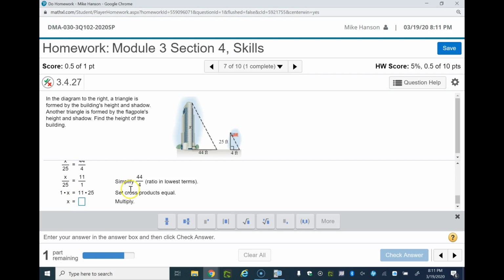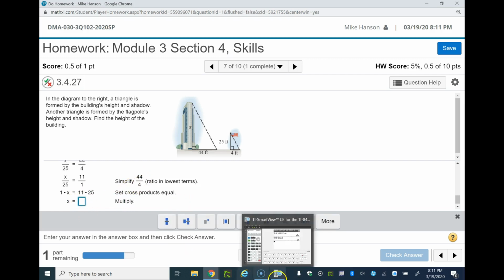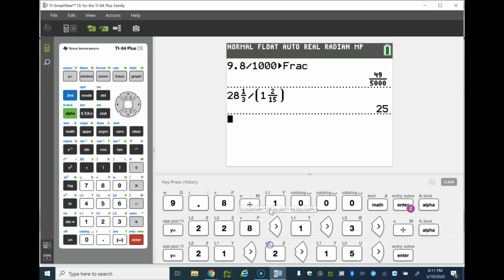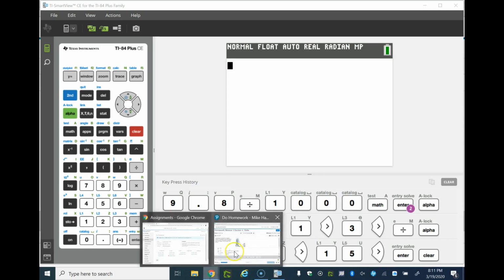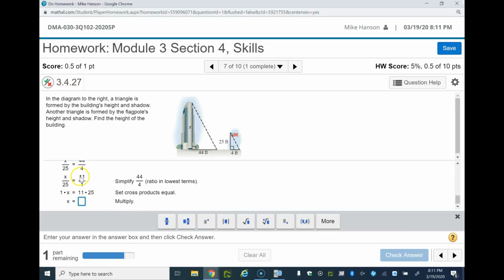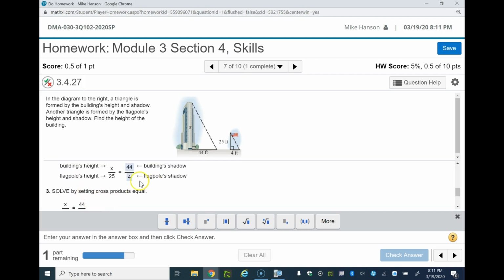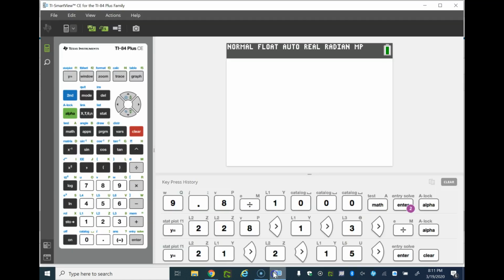For this particular one, if we use our calculator, we're going to do 25 times 11, or they simplified it for us, so we don't need to simplify because the calculator is going to do the work for us. So 25 times 4 is 44.